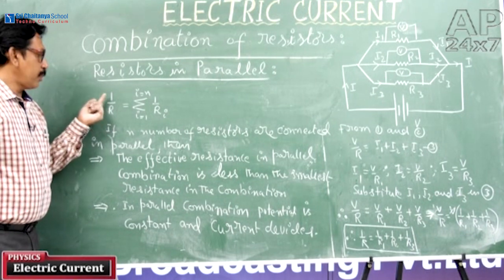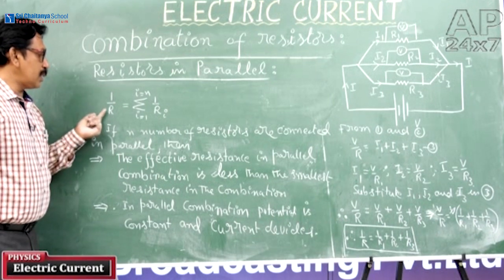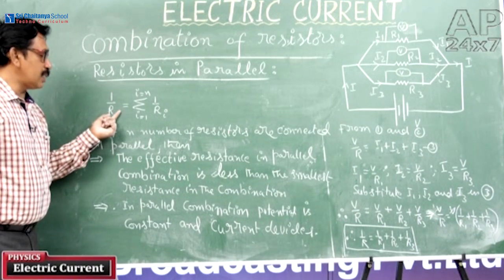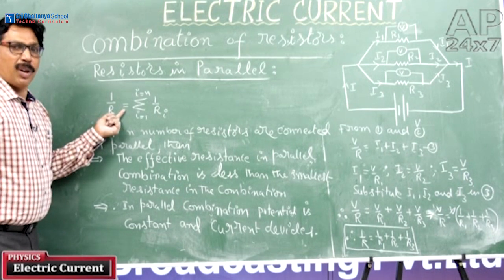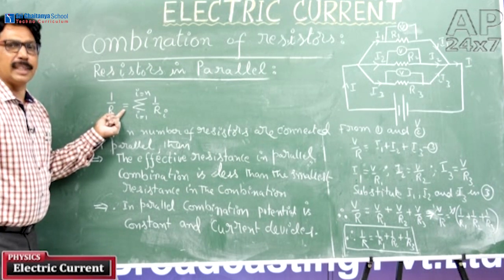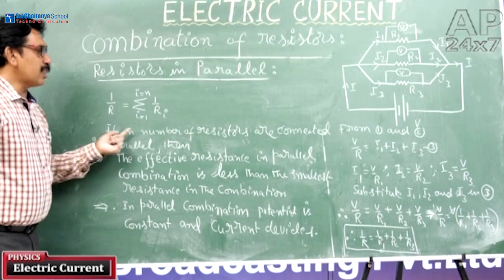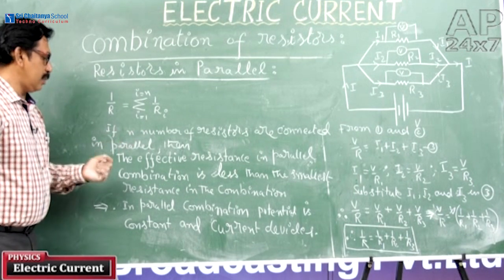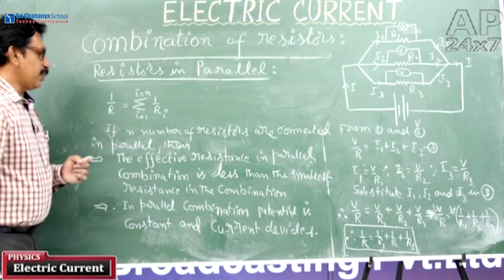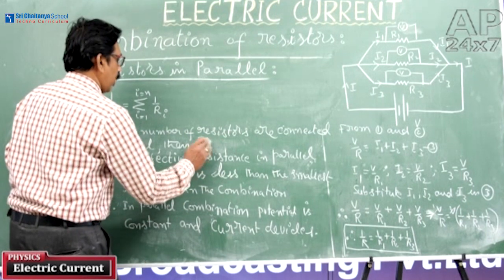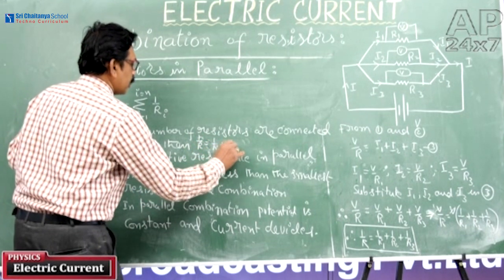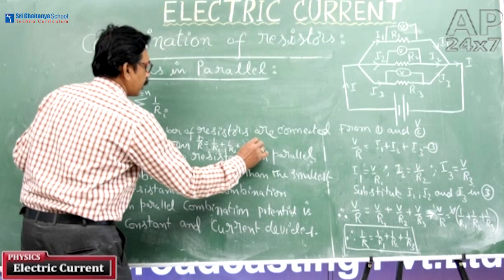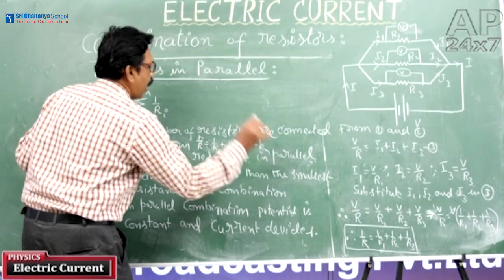Once again, the reciprocal of the effective resistance of a parallel combination of resistances is equal to the algebraic sum of the reciprocals of the individual resistances. That means, if n resistors are connected in parallel, then 1 by R is equal to 1 by R1 plus 1 by R2 and so on, plus 1 by Rn.